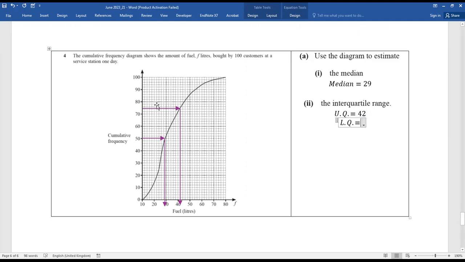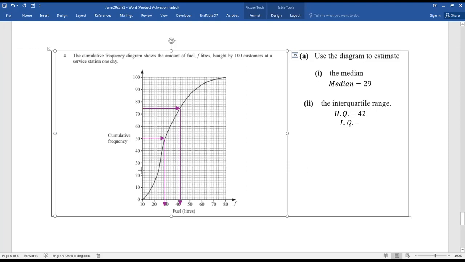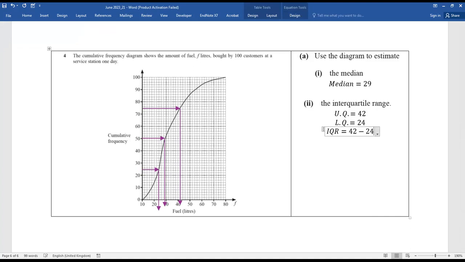We'll read the 25th reading from the graph. That is 24. Interquartile range is upper quartile minus lower quartile. So the interquartile range is 18.